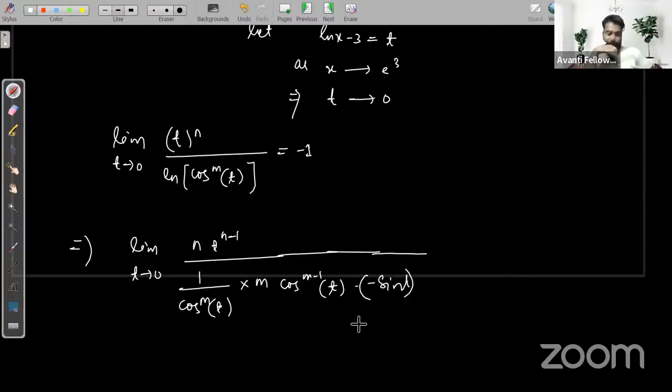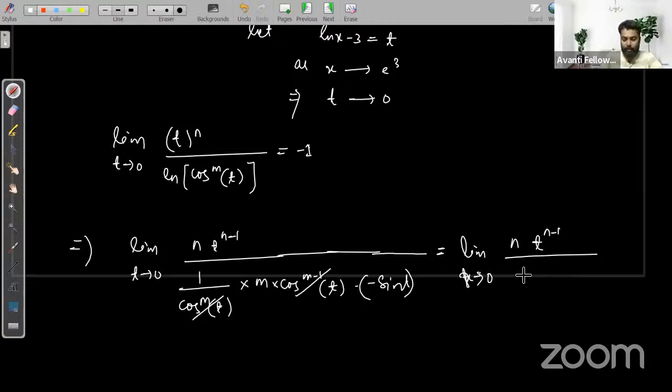Now check, this will be cancelled out. So finally we are having limit t tending to 0 n into t raised to n minus 1 divided by m into sin t upon cos t, that is tan of t.